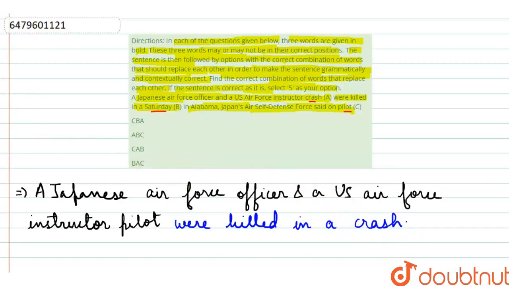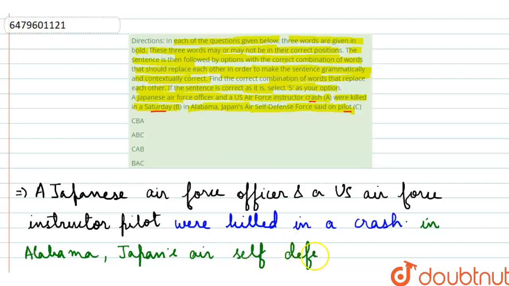Next we will see, we are mentioning the words in different colors, so it will be easy to distinguish them. In Alabama, Japan's air self-defense force said on Saturday.